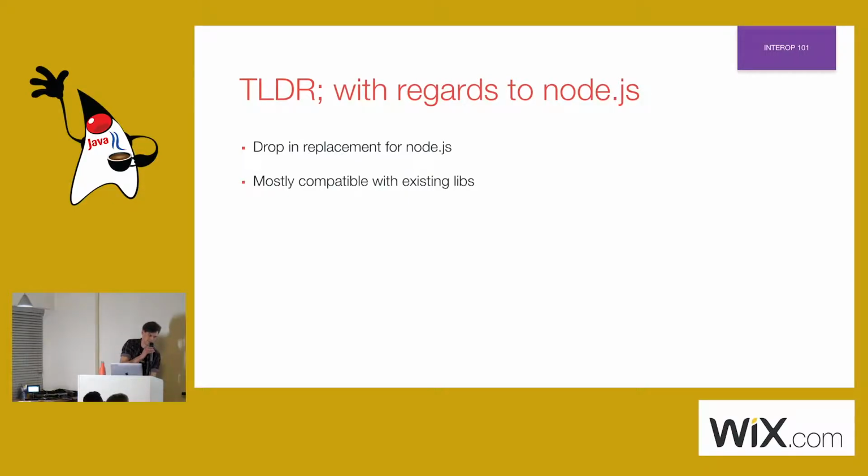Actually, I haven't seen any places where it's not compatible, but they have a compatibility checker online where you can put in a package name, and they'll tell you if it's compatible with Graal or not. If you want to enable the JVM interoperability and the polyglot mode, you enable it with the --jvm flag.